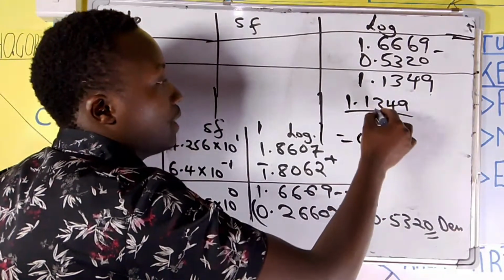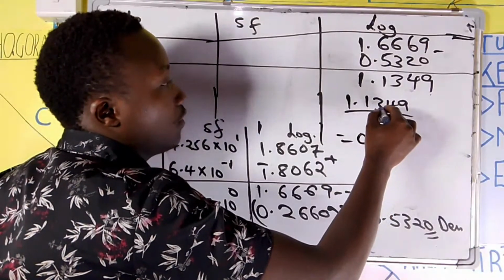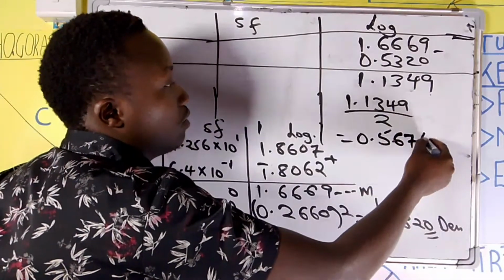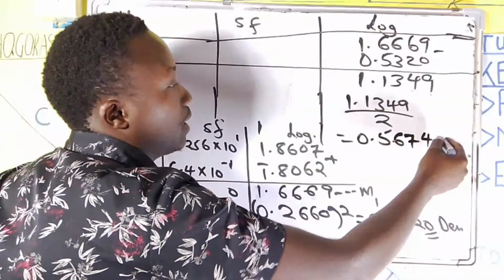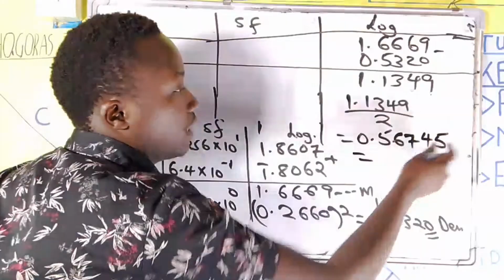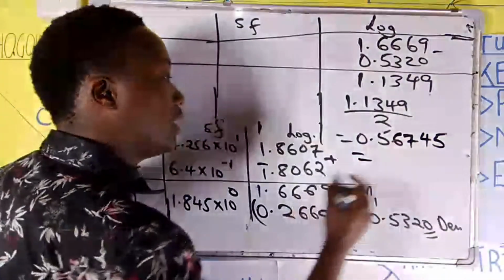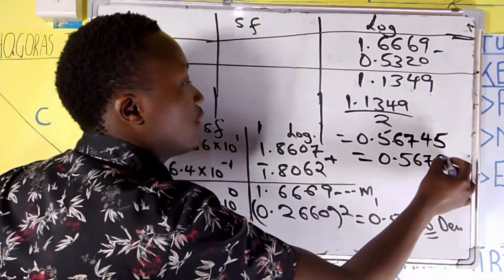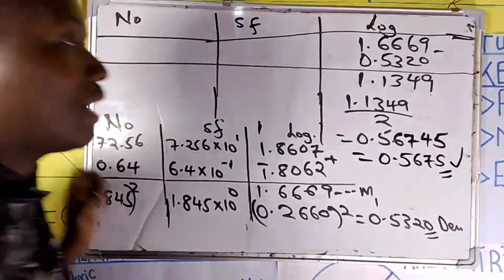Then remainder 1, it will go 6 times because of 12. Remainder 1, it will go 7 because of 14. And it will go 4 because of 8. Then 1, it will go 5. So if we round off to 4 significant figures, it will be 0.5675. So that is what we have in logarithm form.